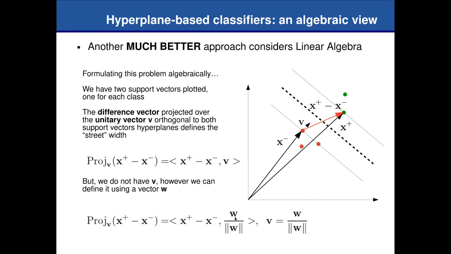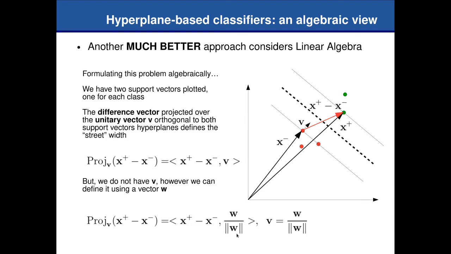So it's not unitary. When I divide it by its length, it's going to be a unitary vector. So V, which is a unitary vector, is W divided by the norm of W. And I just proceeded with this substitution over here, okay?